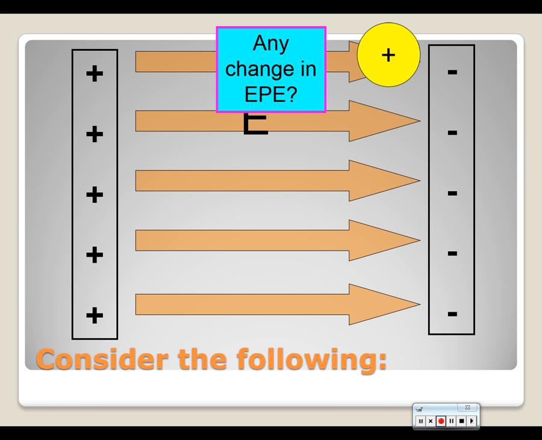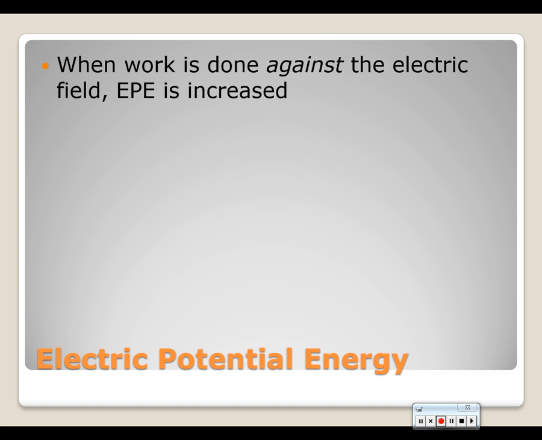So to wrap this up and also answer question G: when work is done against the electric field, electrical potential energy is increased. There are three ways that can happen. If we move positives closer to other positives, we're going against the electric field.